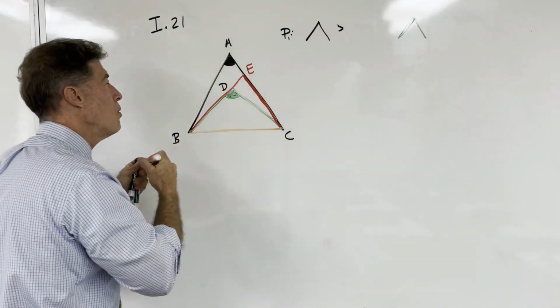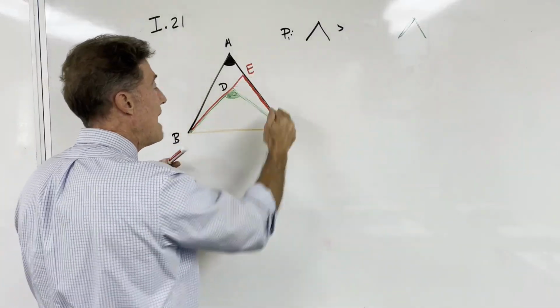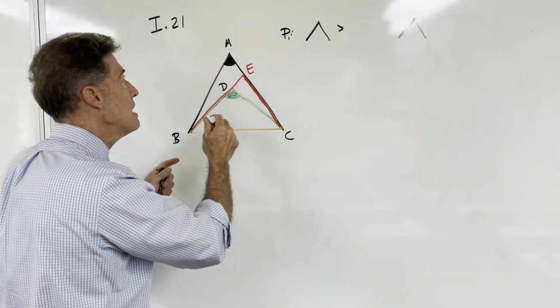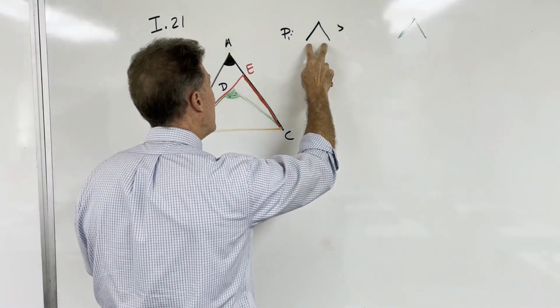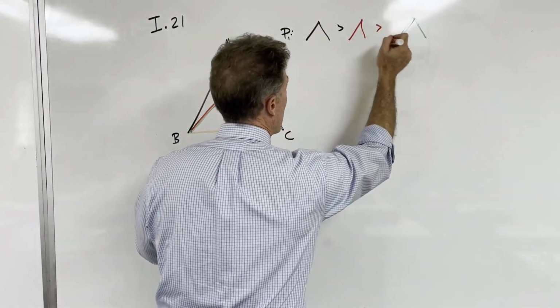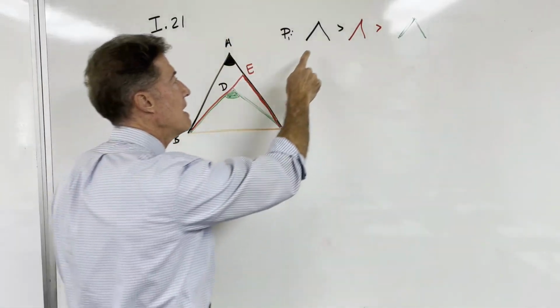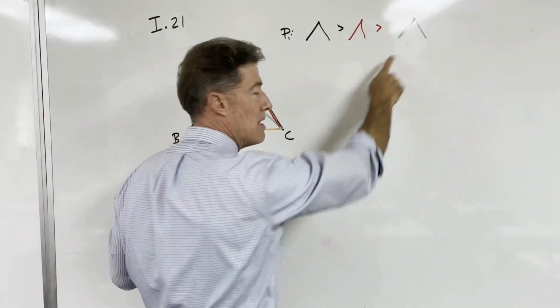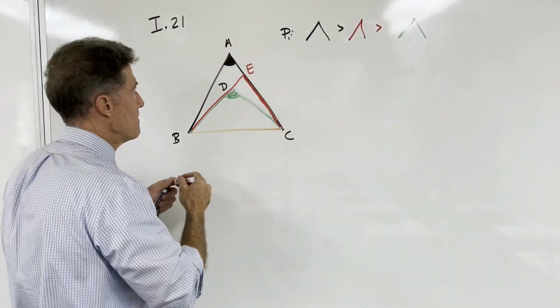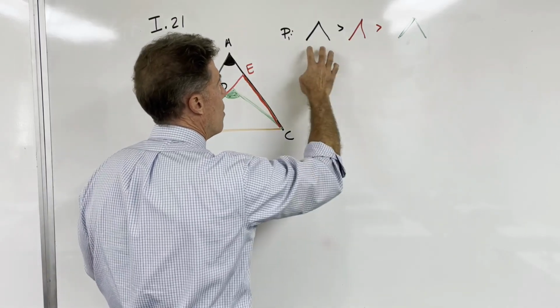All right, so what Euclid does is he creates another set of legs, this red set of legs. And what he's going to do is he's going to show that the black legs are greater than the red legs, and the red legs are greater than the green legs. And because of that, we can then conclude that the black legs are greater than the green legs. All right. Well, we might call these inverted chevron, or we'll call it a TP.